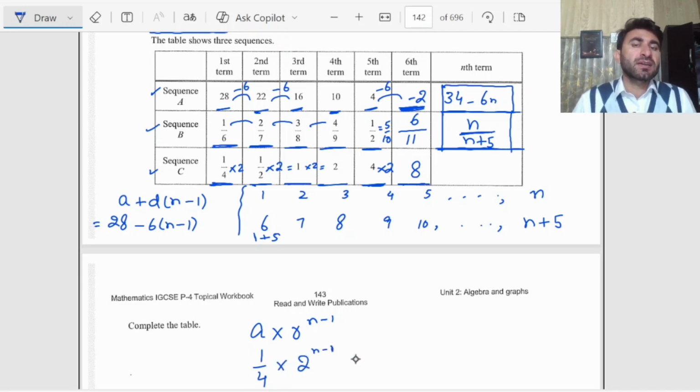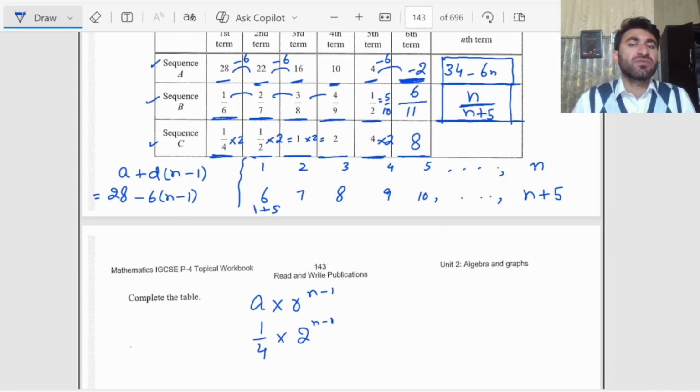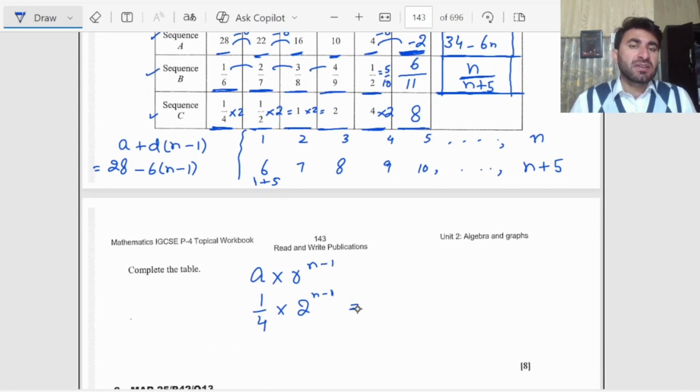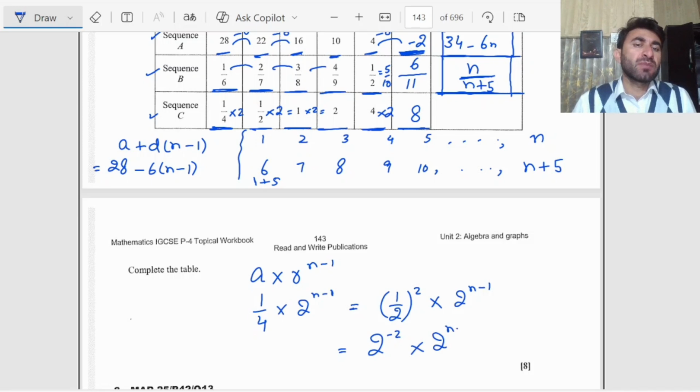Now we cannot leave it here because we need simplification for this. 1 upon 4 can be written as 1 upon 2 squared, multiplied by 2 to the power n minus 1. So when we invert 1 upon 2, its power shall become negative. So I can write it as 2 to the power minus 2 multiplied by 2 to the power n minus 1.